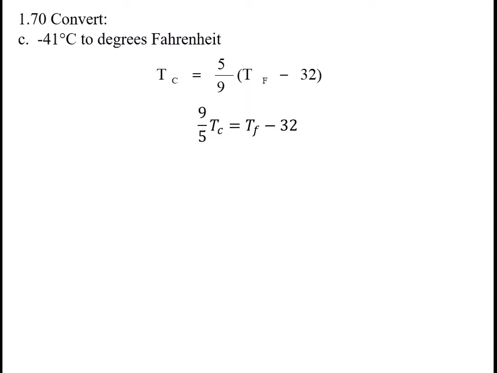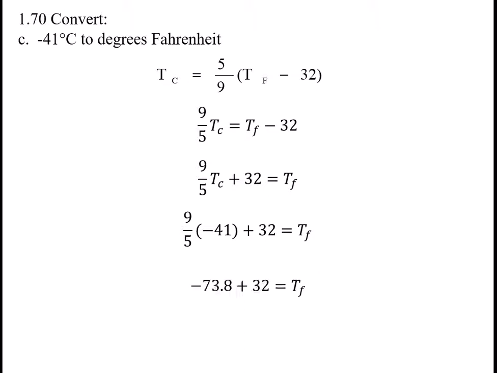So I get 9/5 temperature in Celsius is equal to the temperature in Fahrenheit minus 32. And then add the 32 to both sides. And that's the formula. So now all I need to do is put in my temperature in Celsius. So 9/5 of a negative 41 plus the 32. So when I do 9 times the negative 41 divided by 5, I get the negative 73.8 and then add 32 to that. So I get a negative 41.8.